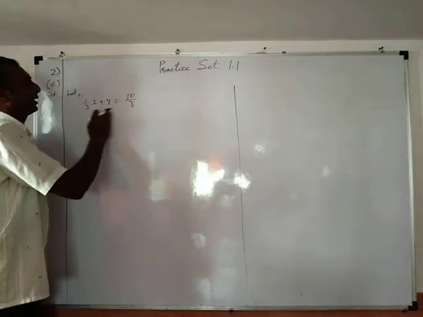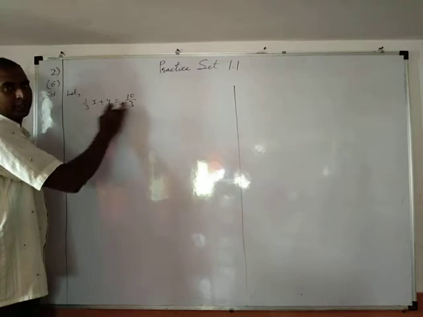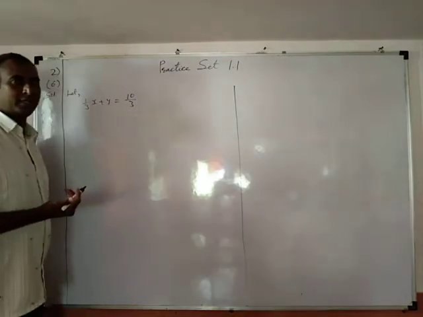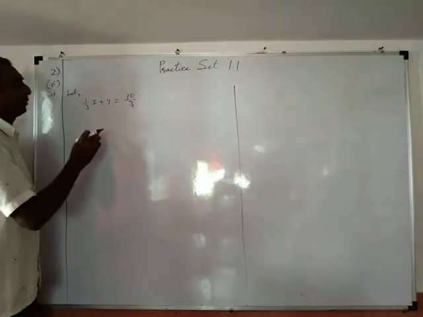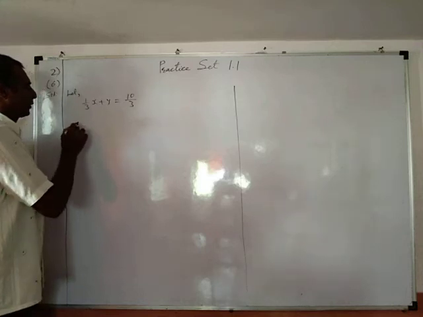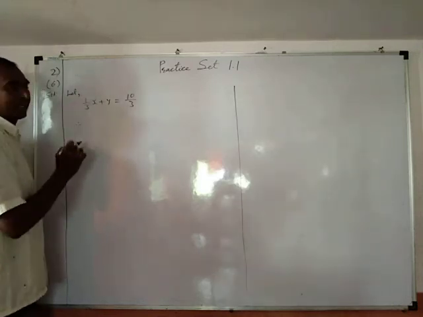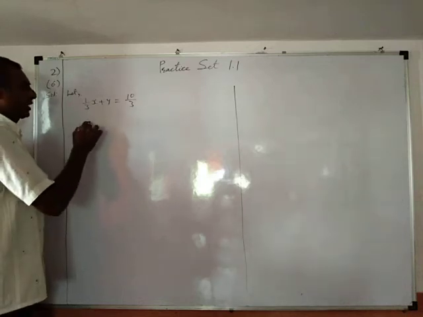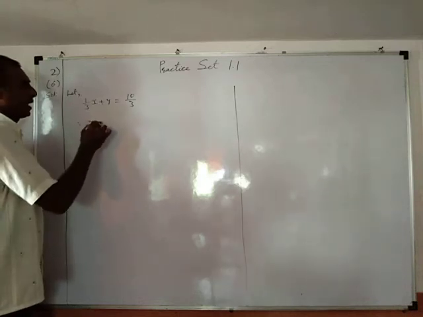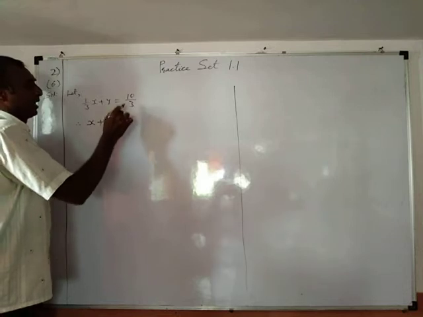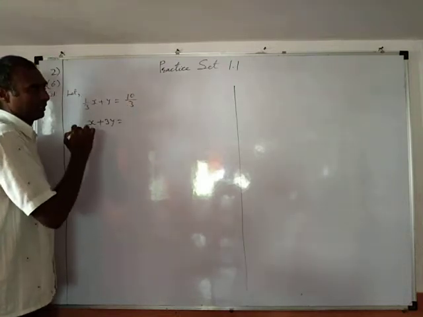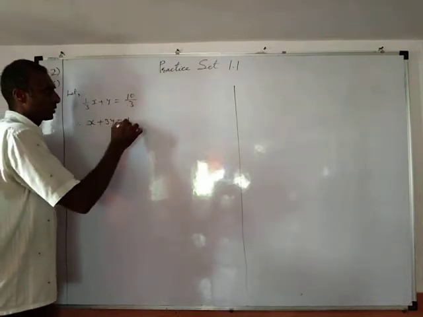As the denominator is 3 and LCM of 3 is 3, that's why multiply both sides by 3. It gives us 3 into 1 by 3x, 3 will get cancelled, means 1 into x means x, 3 into y, 3y, and 3 into 10 upon 3, 3 will get cancelled, 10 into 1 gives us 10.